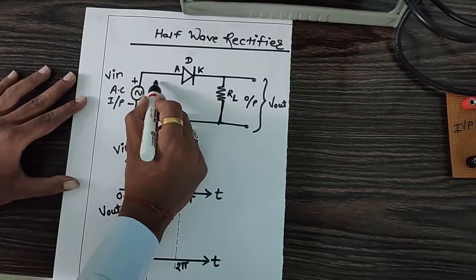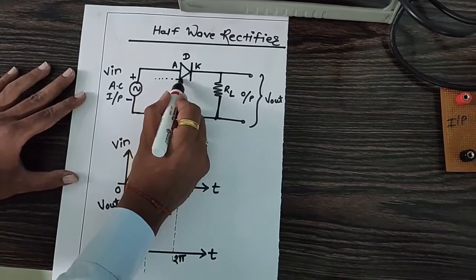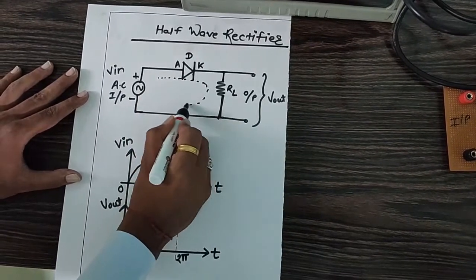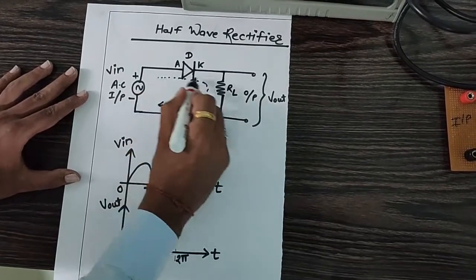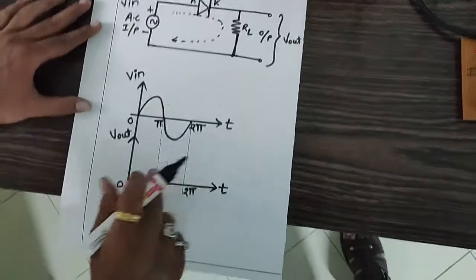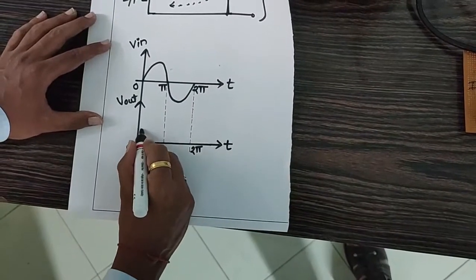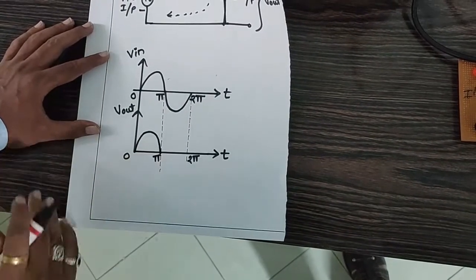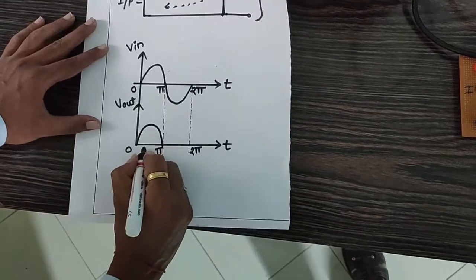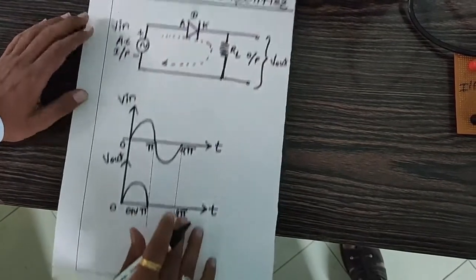So when your PN junction diode acts as a closed switch, current will flow through the load resistor like this, means from positive terminal to negative terminal. So for the first positive half cycle, that is from 0 to pi, your output across the load resistor will be like this, which indicates your diode is in on condition.